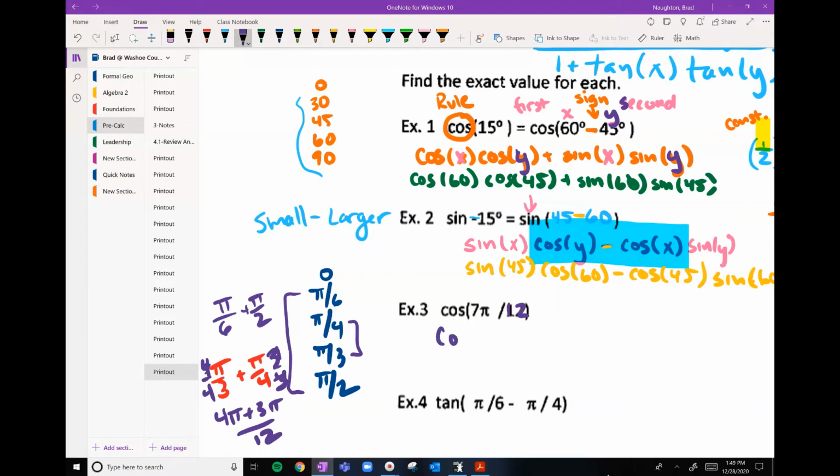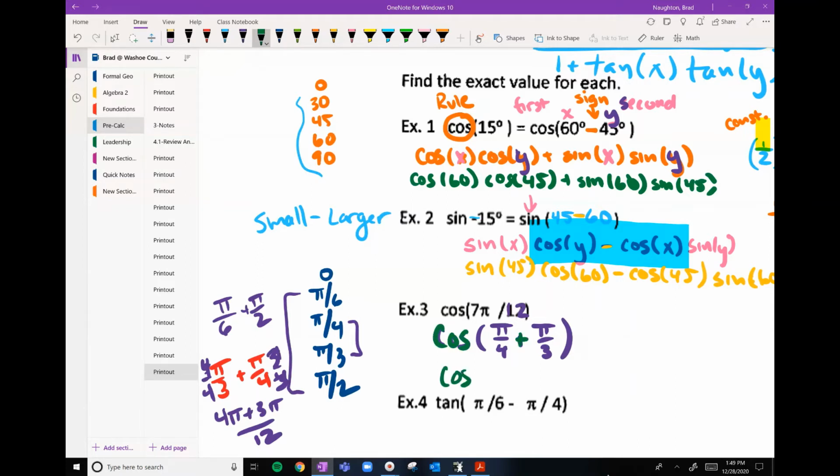So this becomes cosine of pi over 4 plus pi over 3. Cool. Now we're going to go ahead and apply our rule. Obviously, we're going to use the cosine rule. We're going to have the plus.